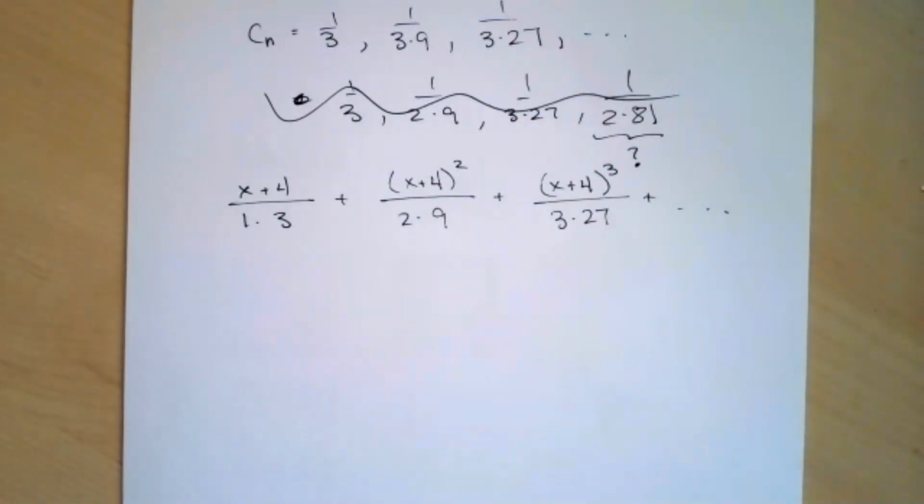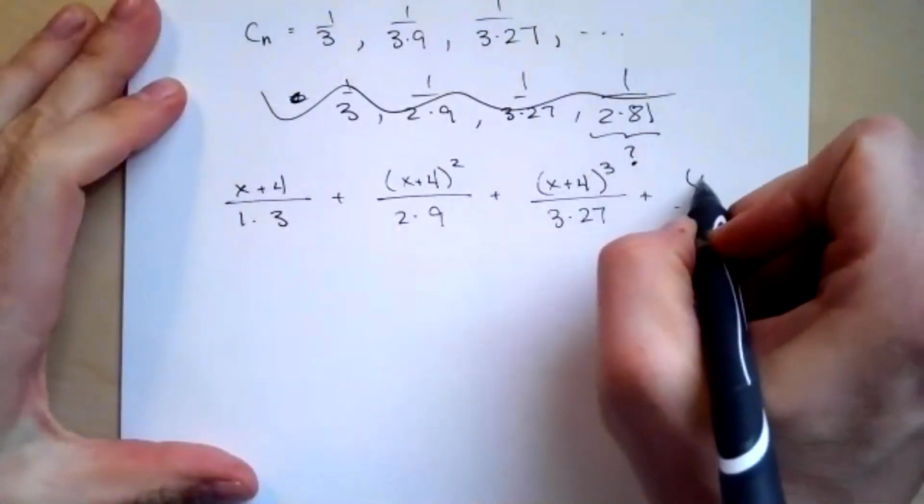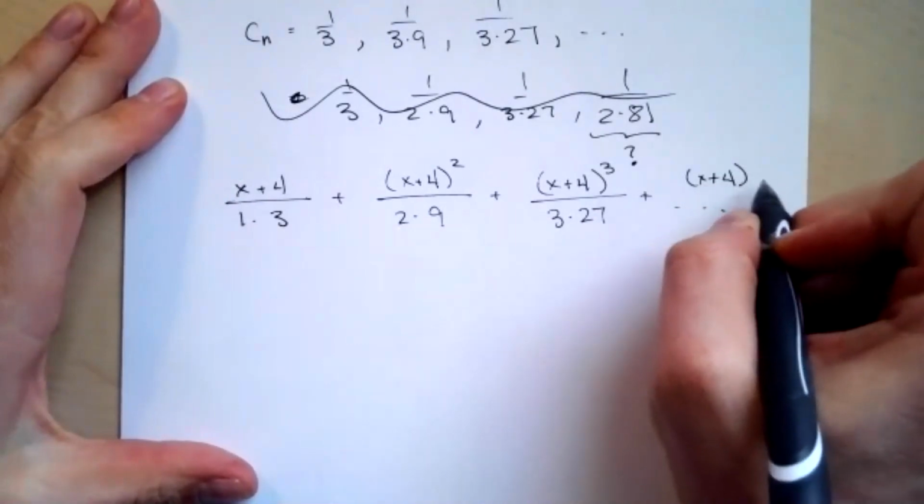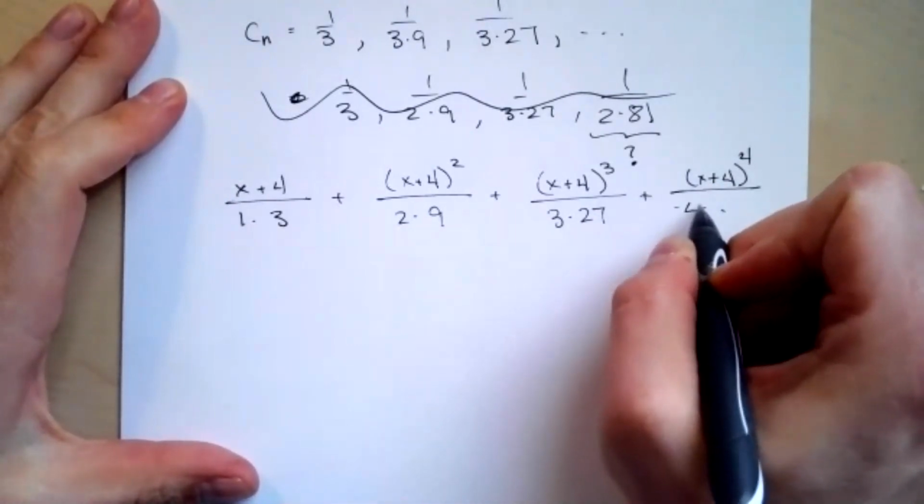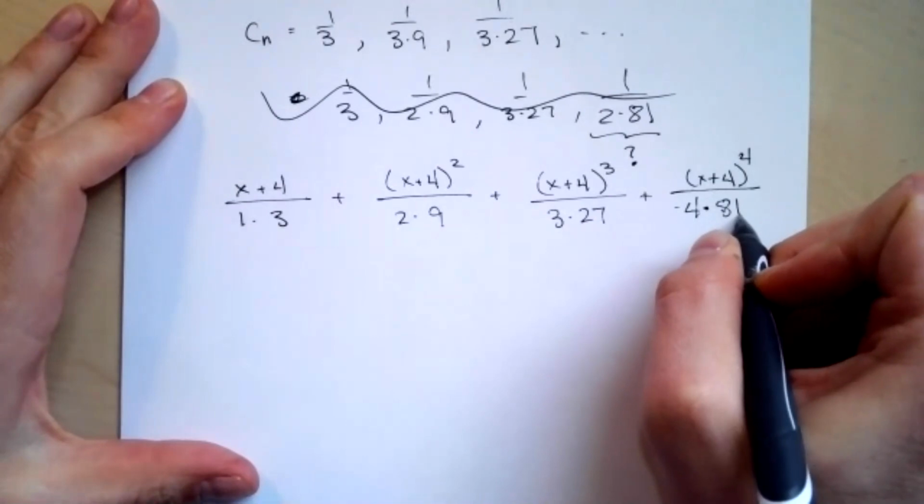I wish they would have given us one more term. If they would have given the 4th term, it would have been easier to see. Usually, if you're writing it out and you want people to recognize a pattern, 4 terms is pretty standard. Sometimes it's hard to see a pattern from just 3. So the next term is, of course, x plus 4 to the fourth over 4 times 81.